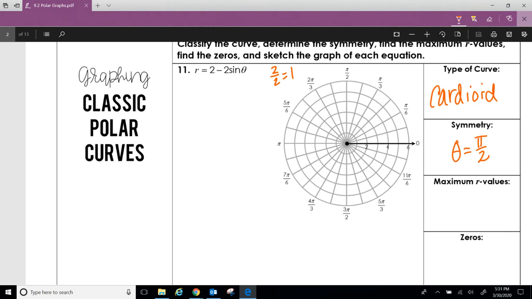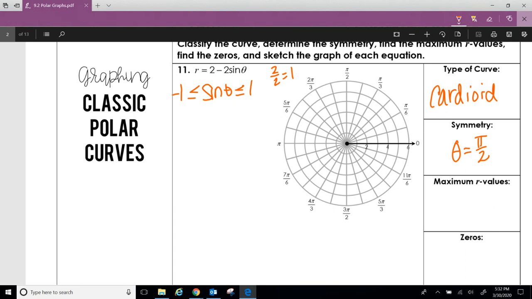Next thing I want to know is, what is my maximum r value? What's the farthest away from the pole that I'm going to get? To find my r values, I have to ask myself, what is the maximum and minimum value that sine theta will give us? Remember, back in trig, when we were looking at our sine graphs, they oscillated between -1 and +1.